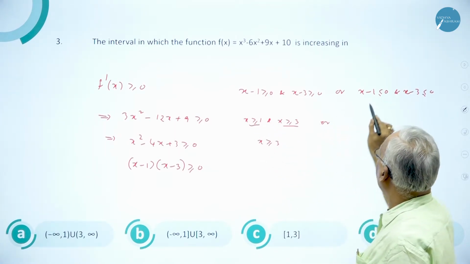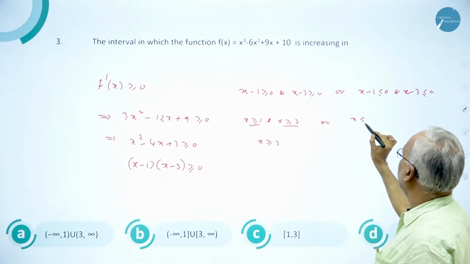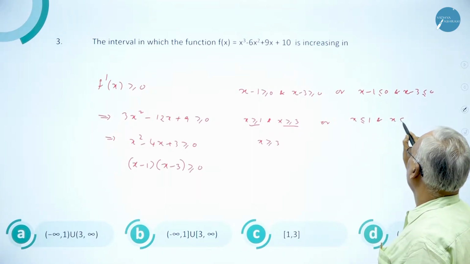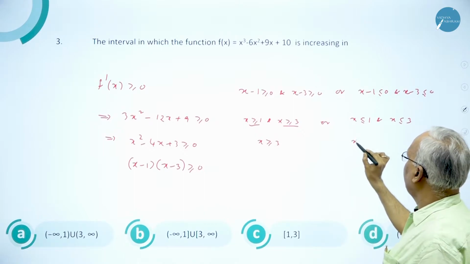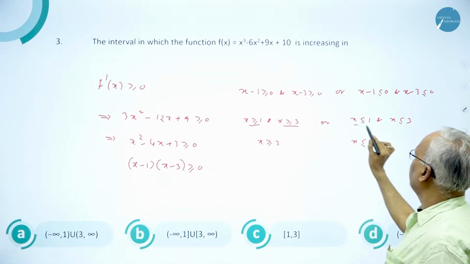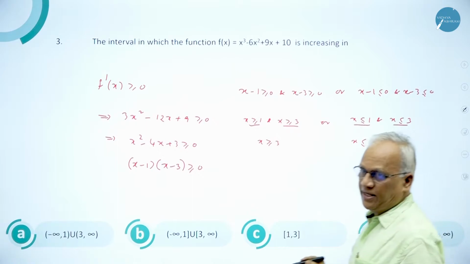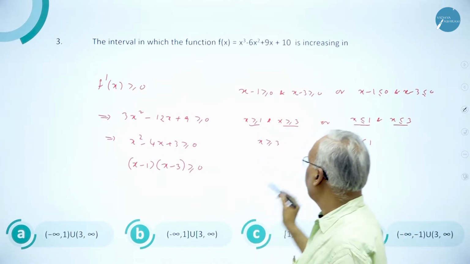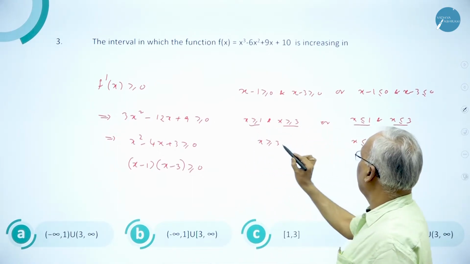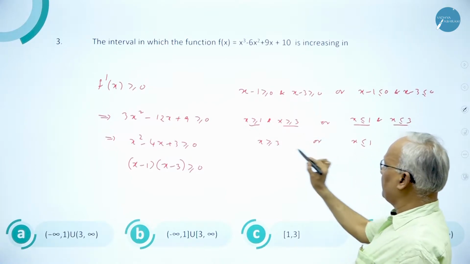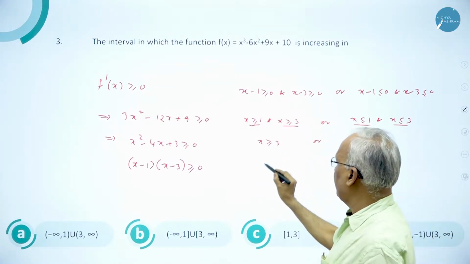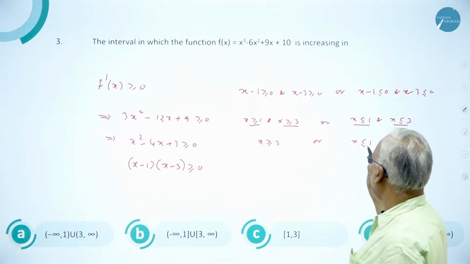Or between these, see, x is less than or equal to 1 and x is less than or equal to 3, I can say x is less than or equal to 1. When it is less than or equal to 1, definitely it is less than or equal to 3. Therefore, the answer is the union of these two. So, you can say greater than or equal to 3 and less than or equal to 1.